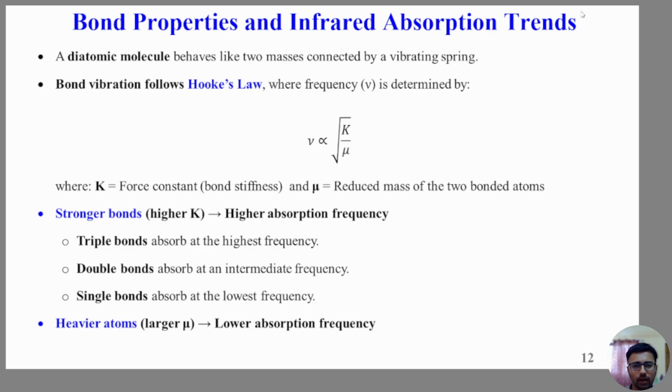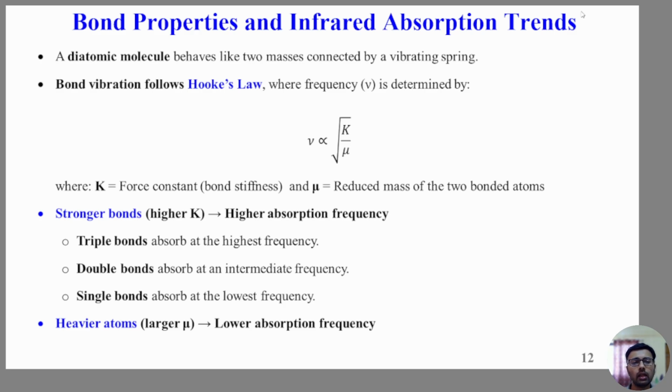To understand vibrational frequency, we must imagine a chemical bond in a slightly different way. Instead of thinking about atoms connected by electron clouds, imagine something much simpler. Imagine two solid masses connected by a spring. This may seem like an oversimplification, but surprisingly, it works extremely well.